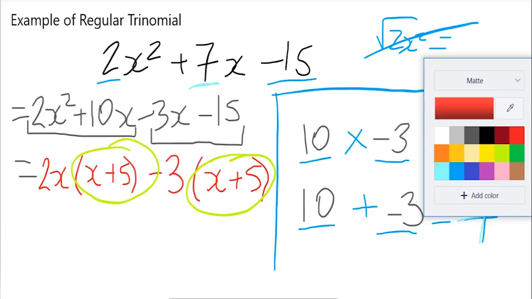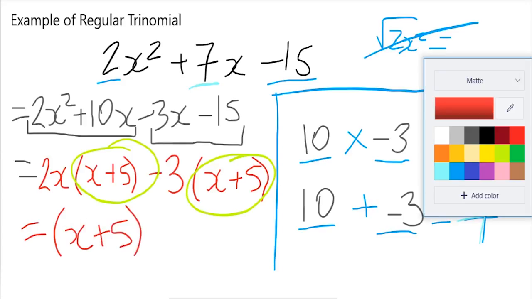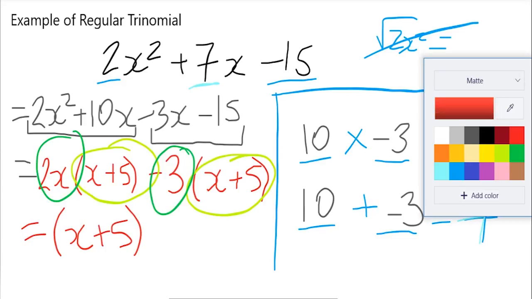So we could essentially just turn that into one term. So let's do that. We get x plus 5. All right, and what do you multiply by? Well, you're going to take these and create one term with that.